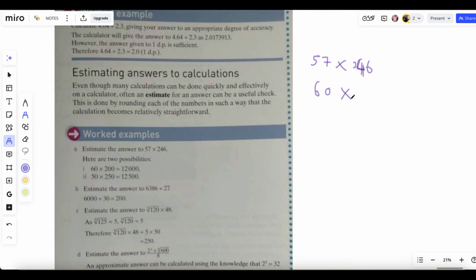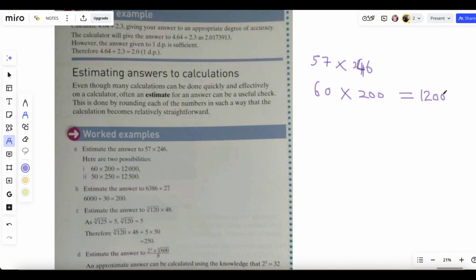Then I round 246 to 2 significant figures, I will have 200. So it's easy for me to multiply 60 by 200. I can just say 2 times 6, I get 12. And then I add all the zeros. There are 3 zeros altogether: 1, 2, 3. I add the 3 zeros, I get 12,000.